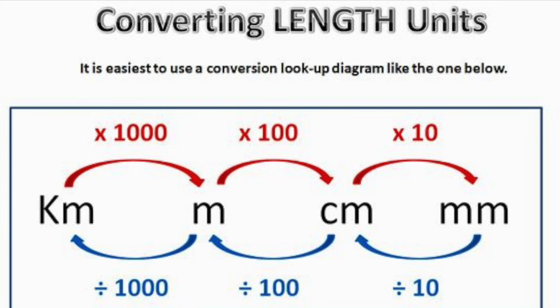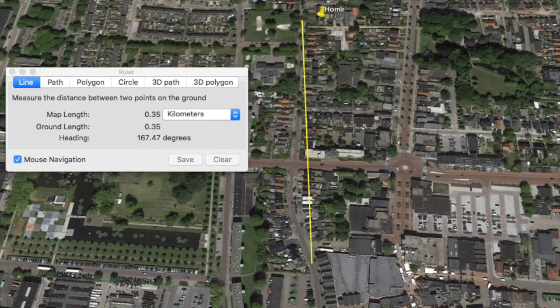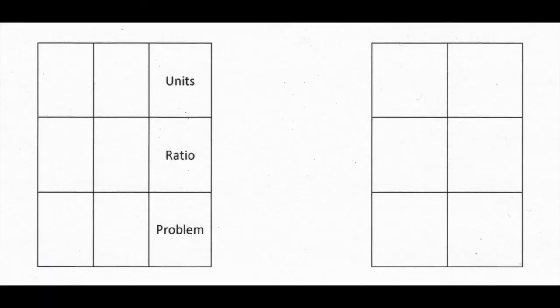Example 1. On Google Earth, I find that the distance from my home to the grocery store is 0.35 kilometers. If in one step I cover a distance of about 1 meter, how many steps does it take to go from home to the store? Notice that I have to find the distance in meters. Sketch a little 2x3 box or table.